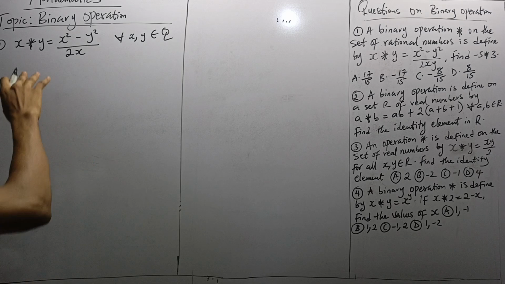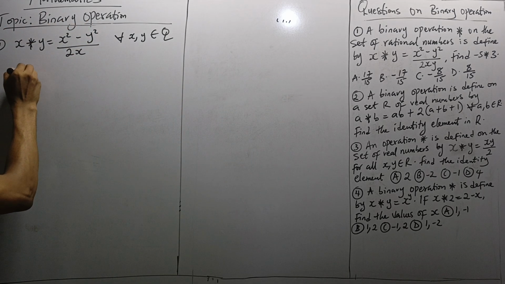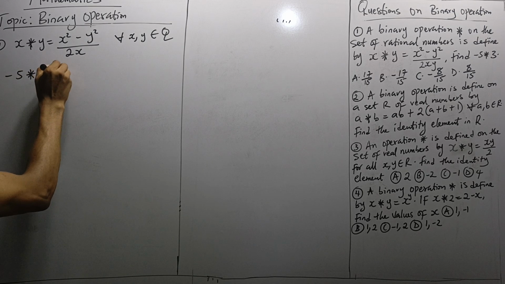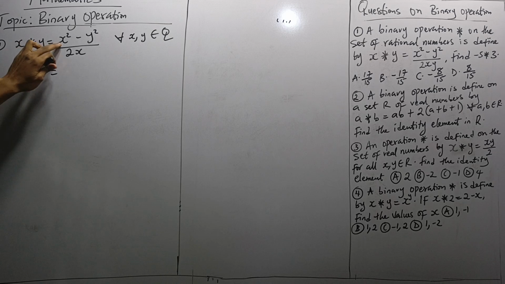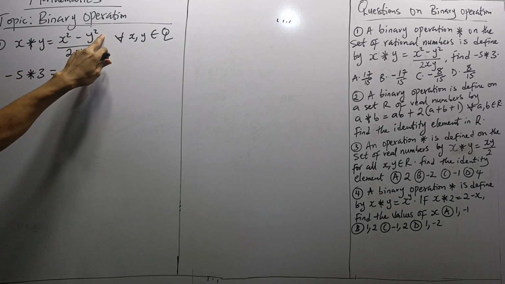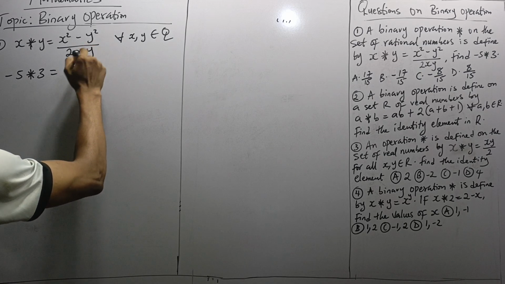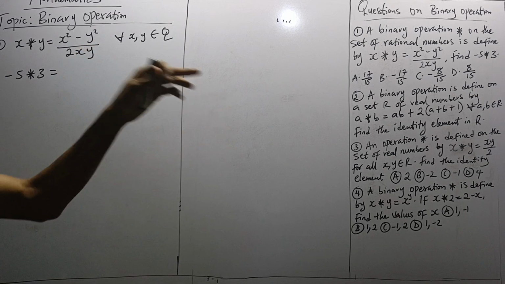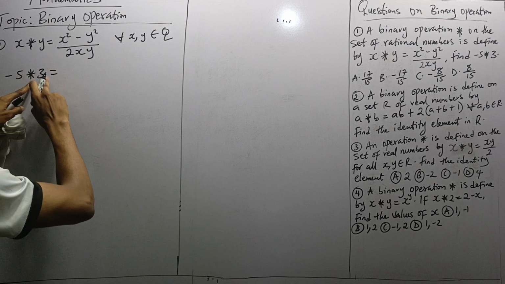With this formula, we are asked to evaluate -5 operation 3. From the formula, whenever two elements combine, it is the first squared minus the second squared, then divided by 2 times the first, times the second. So here our x is -5 and our y is 3.